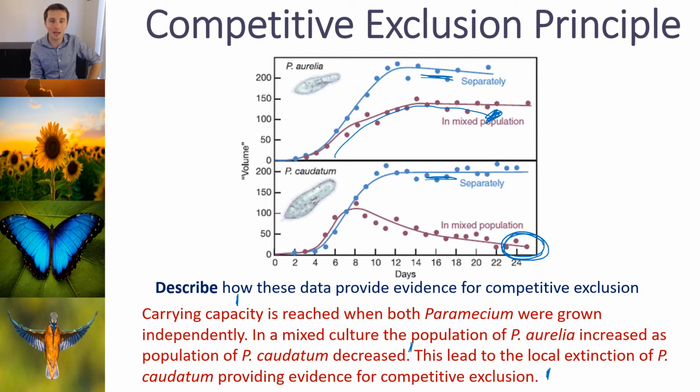However, when we look at competitive exclusion, we can see that this one must have a slight reproductive advantage. It isn't noticed initially, but over time those results become apparent that this one clearly has a slight reproductive advantage and therefore competitively excludes the other organism.